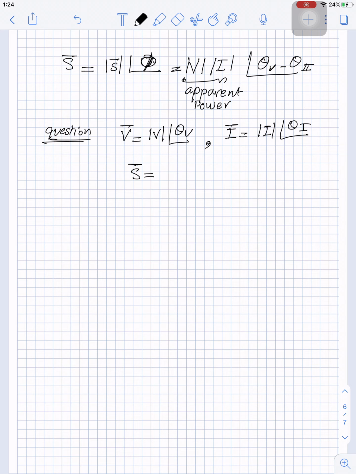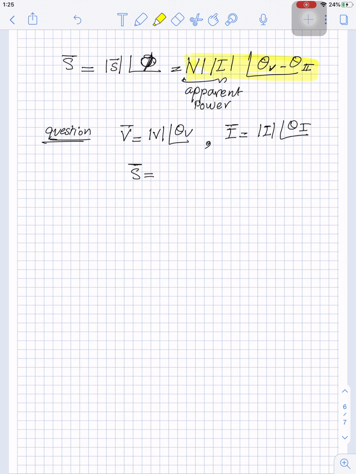So what is S vector? It's magnitude V, magnitude I, angle theta V minus theta I, which is the equation we have here.